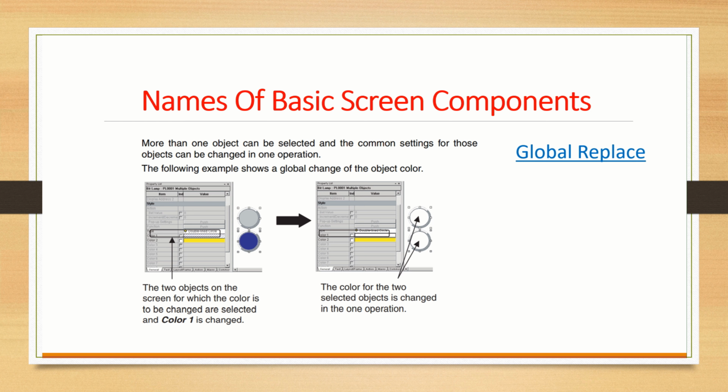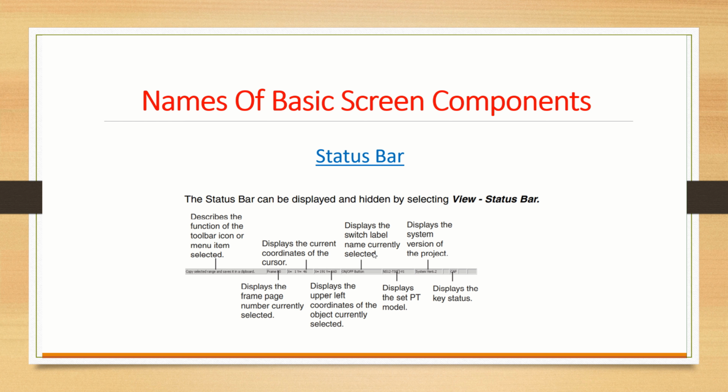For the global replace screen, more than one object can be selected. The status bar can be displayed and hidden by selecting View, then going to Status Bar.